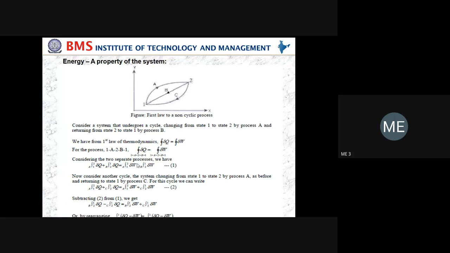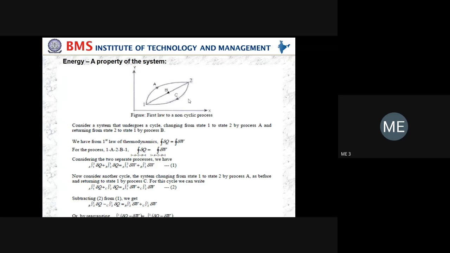So this third term gets cancelled, so we can clearly tell that the integration of dW for the state points 2 to 1 path B equals the integration of dW between the state points 2 to 1 by following path C. Hence, we can conclude that whatever path it may follow, the integration of dq is exactly equal to that of another path.